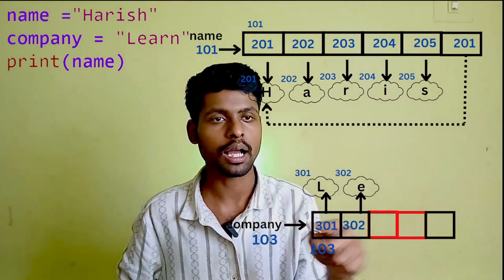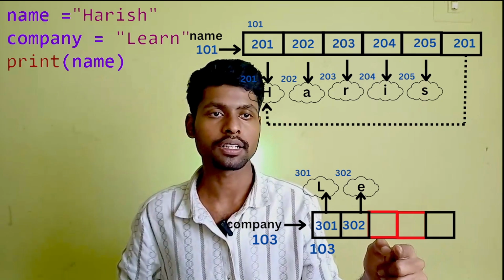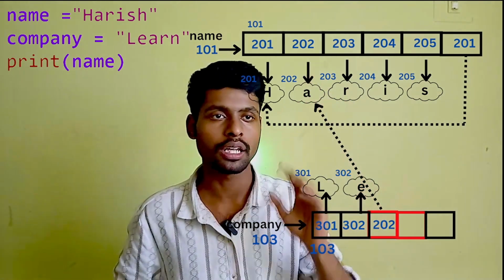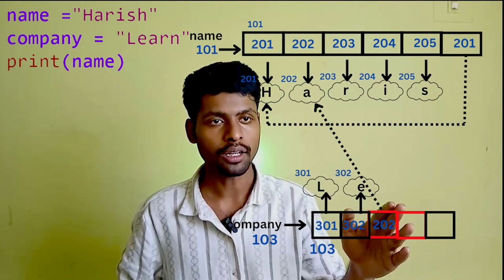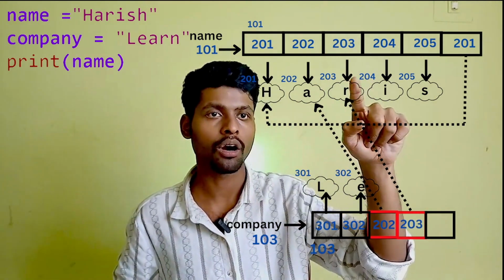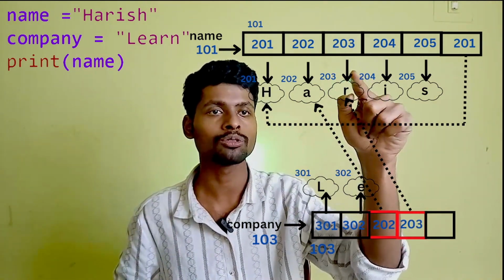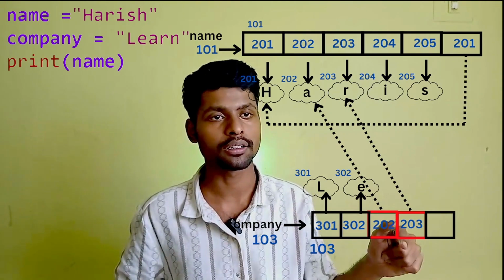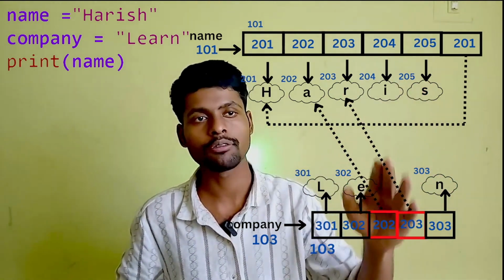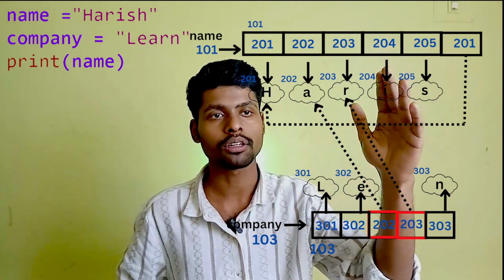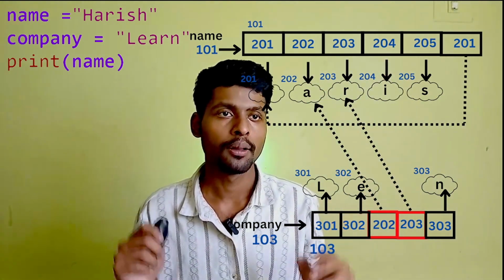So this company string points to this A object, and the 201 address will be stored within the company string. Next, R already exists in the heap segment, so the 203 will be stored in the string's allocated space. Next, N: first it will check before storing the N. N is not there, so the N will be stored. Hope I'm clear. Do you want any proof?